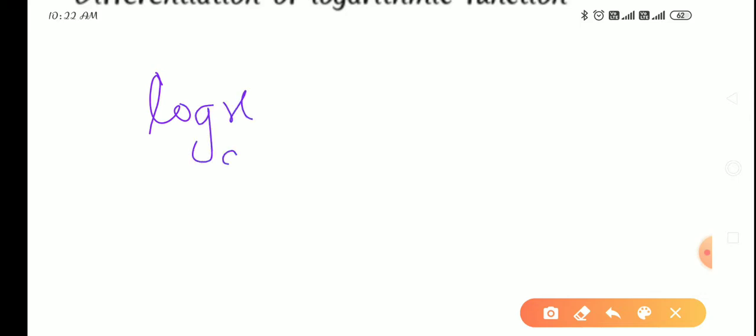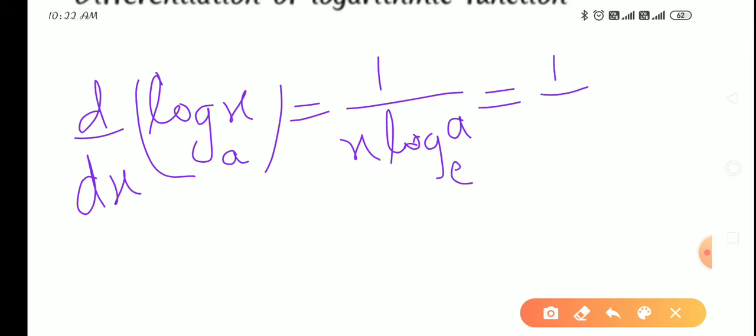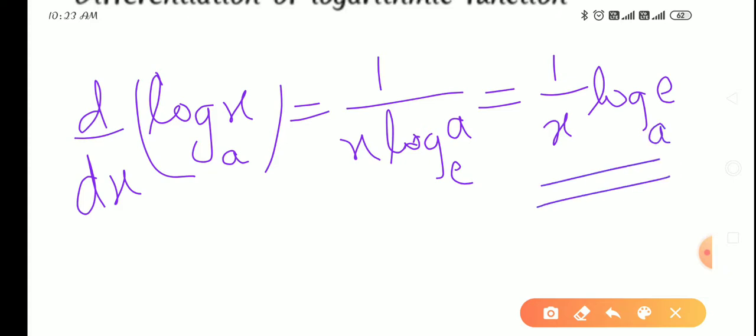Like this also you can take d upon dx of log x to the base a equals 1 upon x log a to the base e, or 1 upon x log e to the base a by the base changing formula. I will tell you after this. You studied the base changing formula in class 9th, and in class 11th also it was there. So you have to keep these two things in mind.